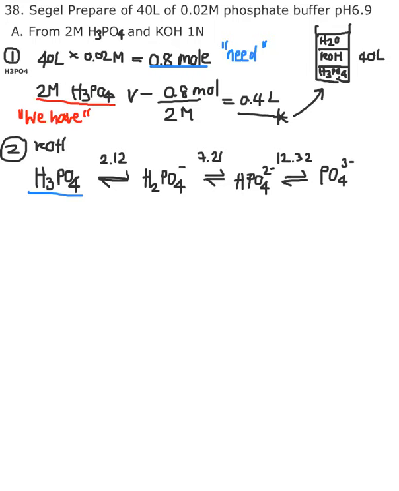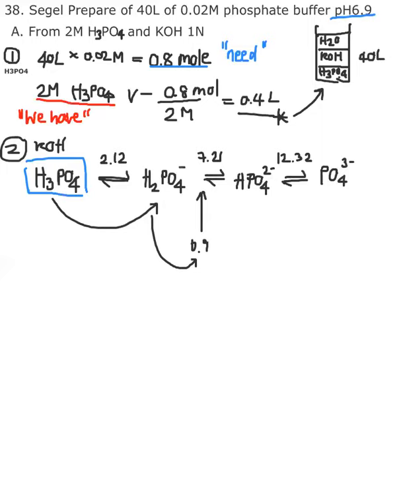You are starting from H3PO4, but you need to raise the pH to 6.9. If you follow this protonation process, you will need to change the H3PO4 into H2PO4 minus, and then to raise the pH up to 6.9, you have to partially change H2PO4 minus into HPO4 2 minus.